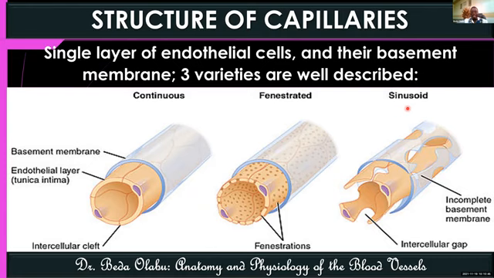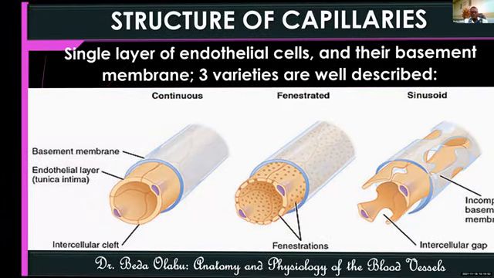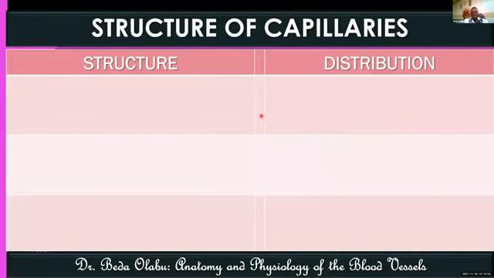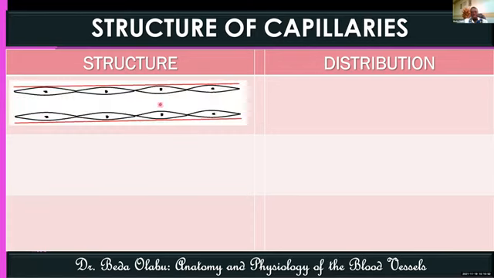Let's see them. I'll use this image to describe the structure of those capillaries. We start with the continuous capillary. I'm using the red line to represent the basement membrane of the endothelium, and I'm using those ones to represent the endothelial cells.